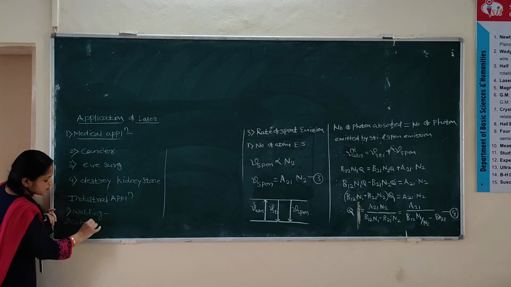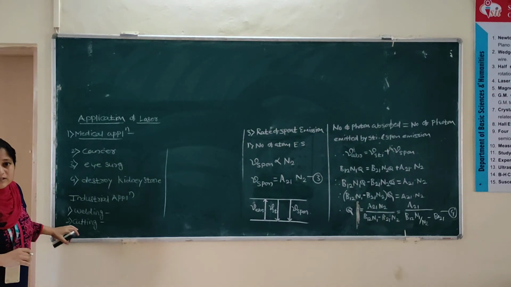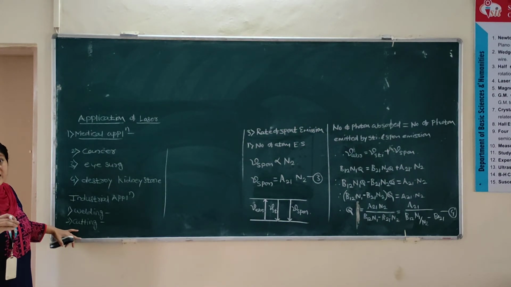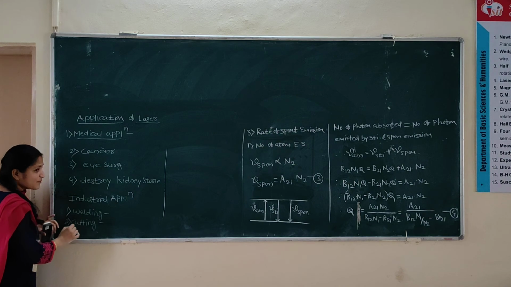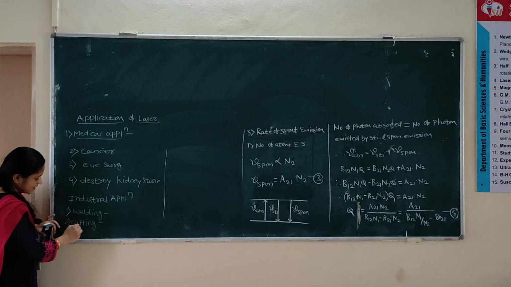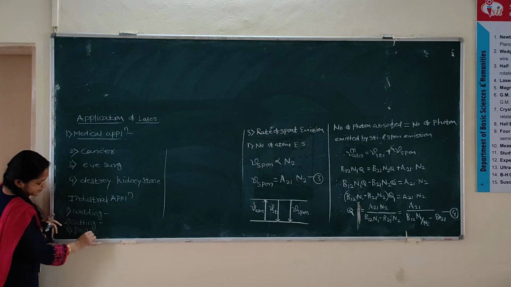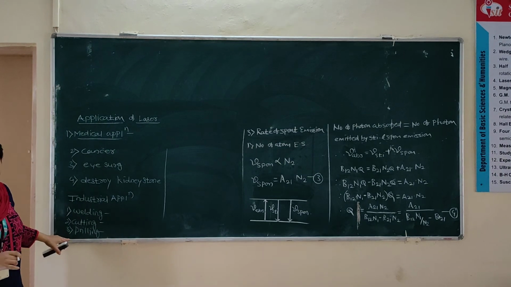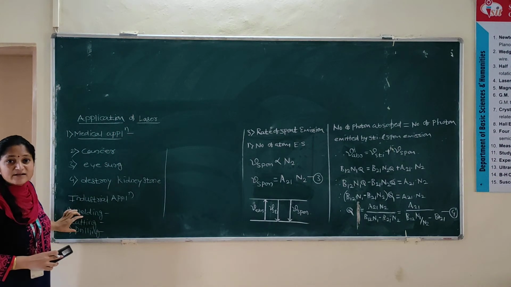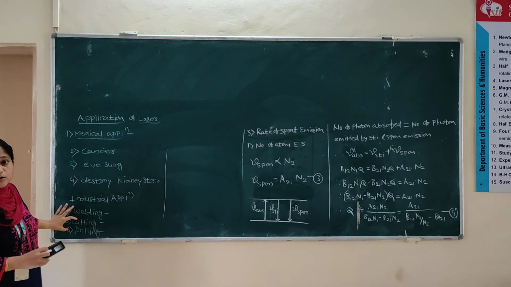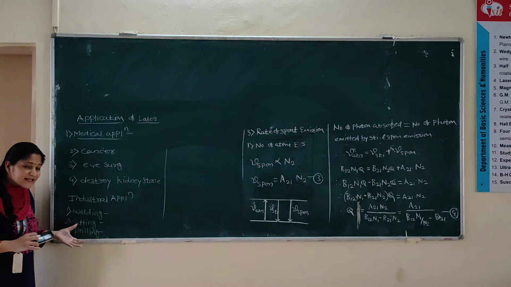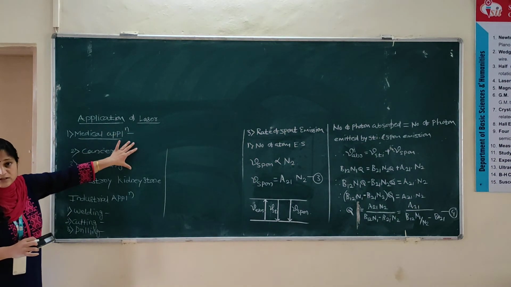For cutting purposes also the laser is used, and it can cut very hard metal sheets. Third industrial application is drilling. The laser can drill a hole of 10 micron diameter through a very hard substance like a diamond.